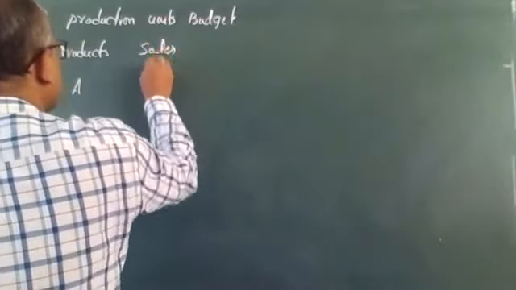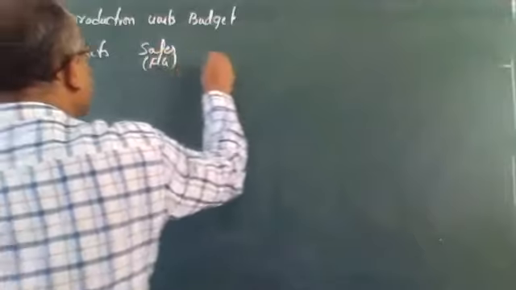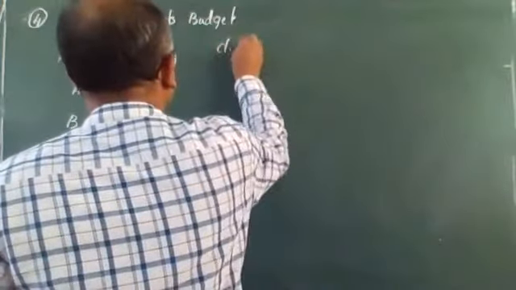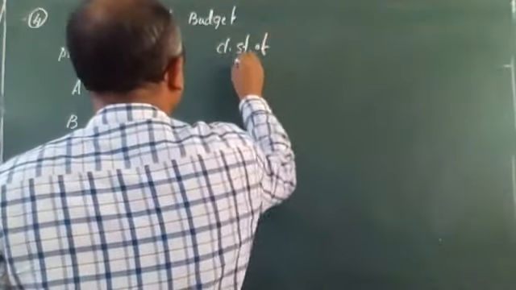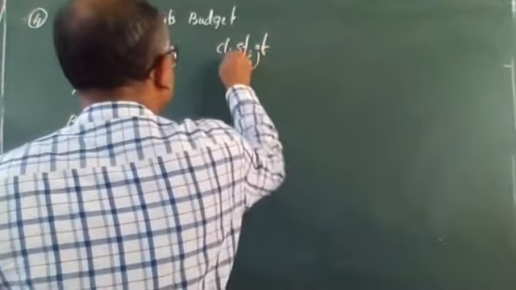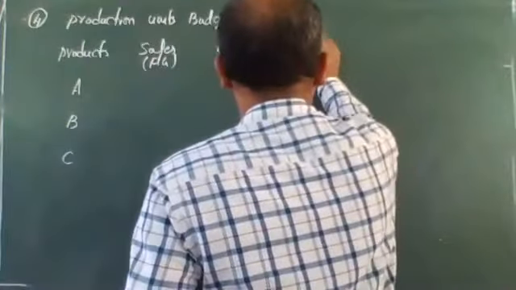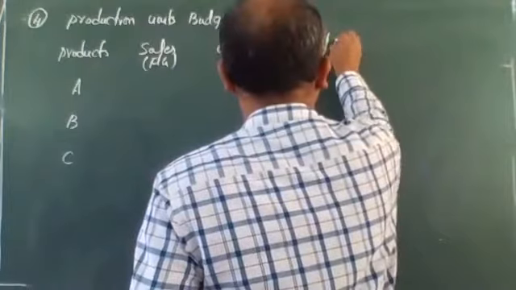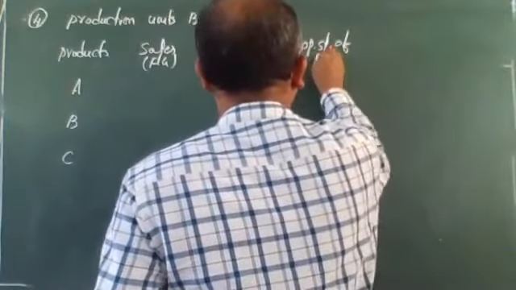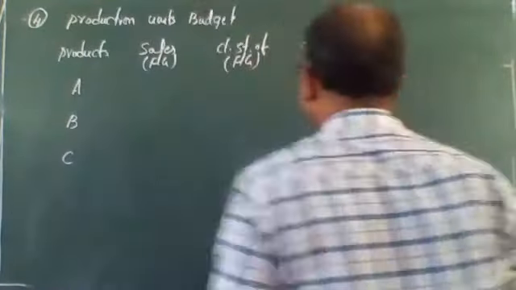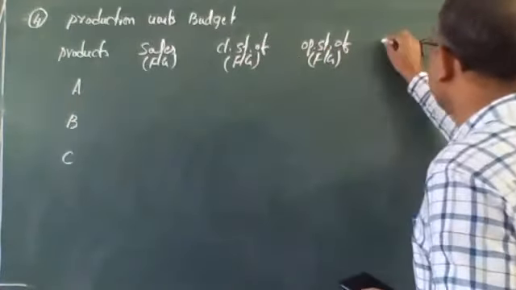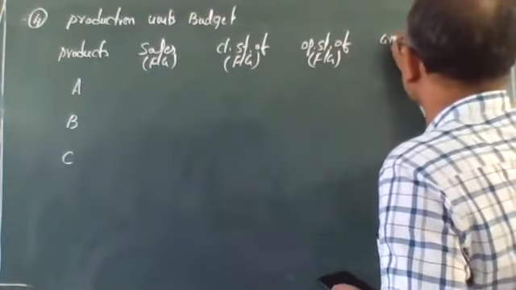Sales units, sales of finished goods, plus closing stock of finished goods minus opening stock of finished goods. And here we'll have gross production.